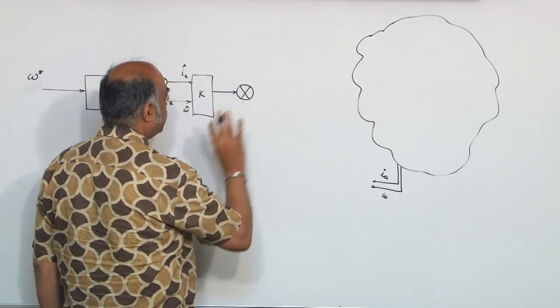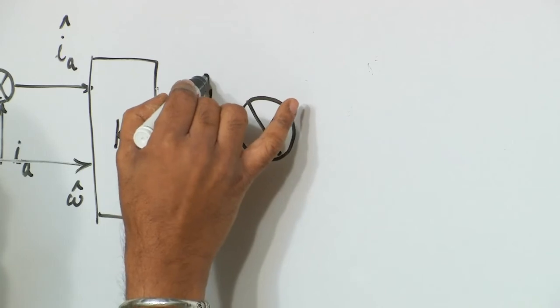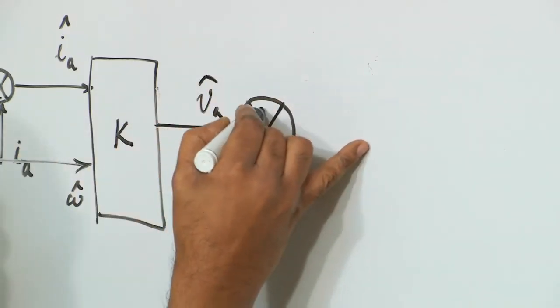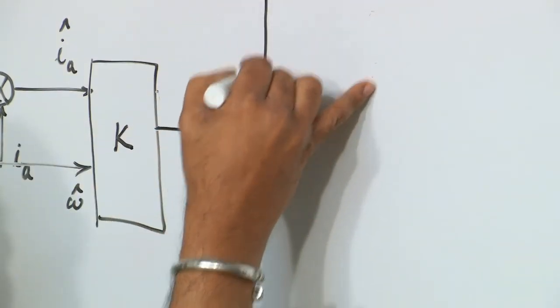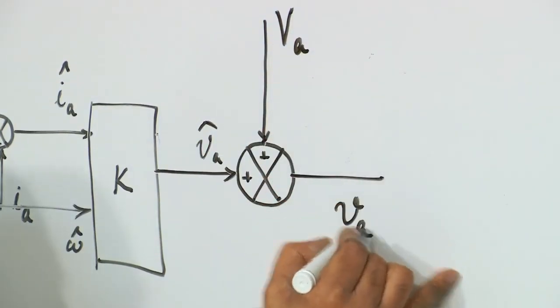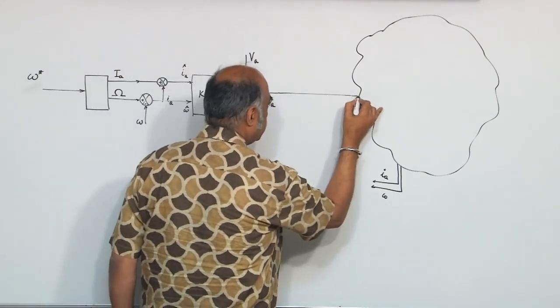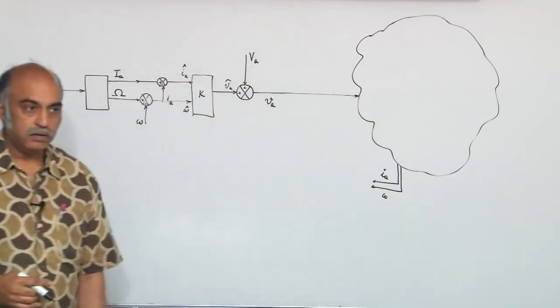Okay. Now, I am not going to talk about duty cycle and all those things. Let us say you have VA hat, and in terms of this will be VA, and that will be the control input that you will be giving.